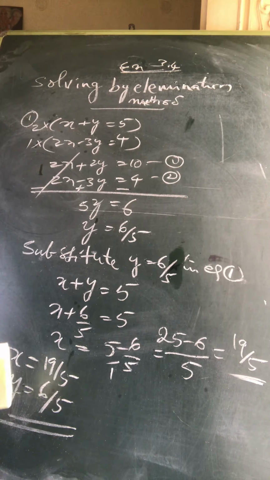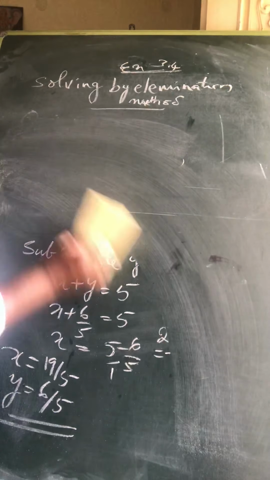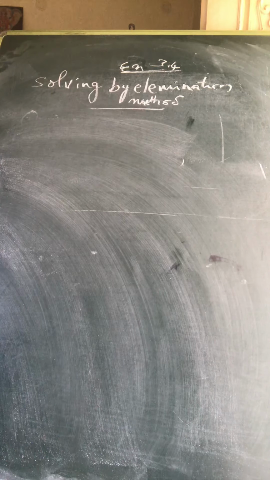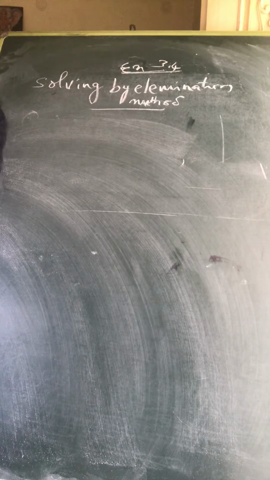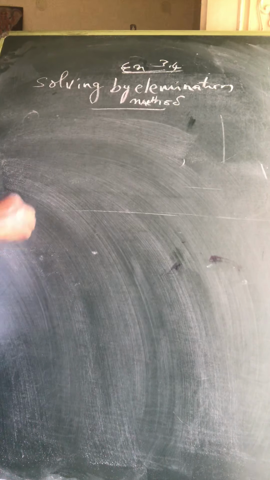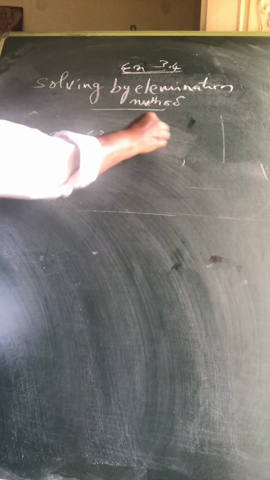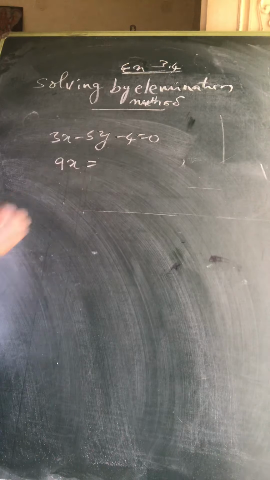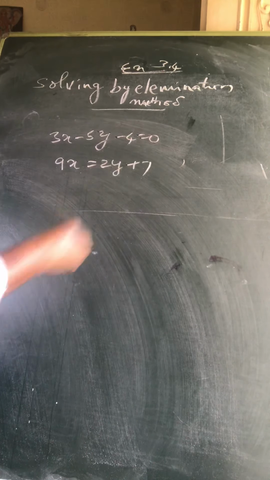Okay. We are coming to the next problem. 3x minus 5y minus 4 is equal to 0, and 9x is equal to 2y plus 7.